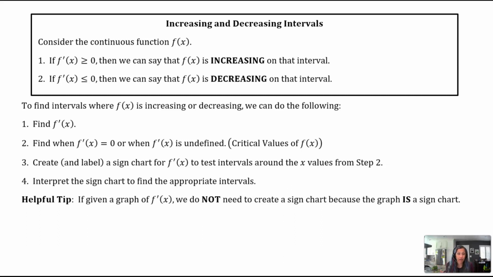And then we're going to create our sign chart for that first derivative using that sign chart to determine our intervals of increasing or decreasing. And then, of course, pay close attention to what you've been given. If you already have the first derivative, whether in a graph or elsewhere, do not take a first derivative, right? You already have it. So we'll see both of those examples as we move forward with a couple of things.